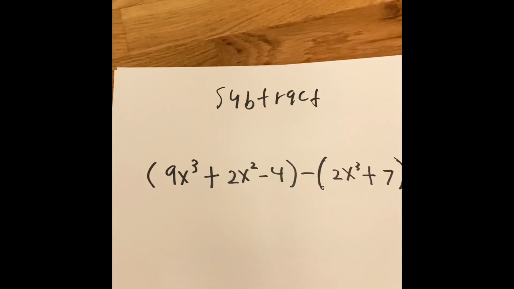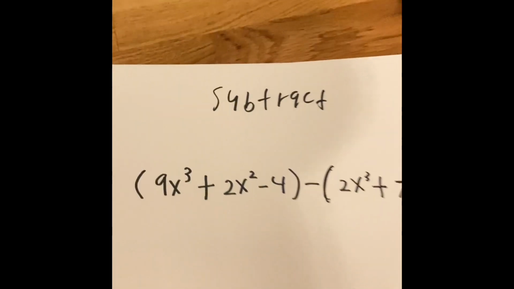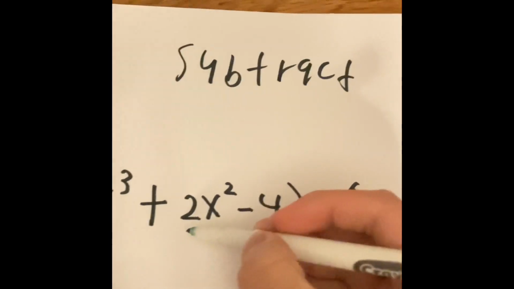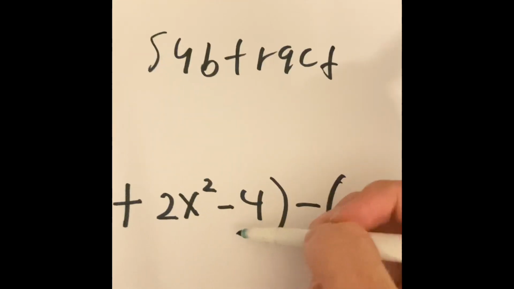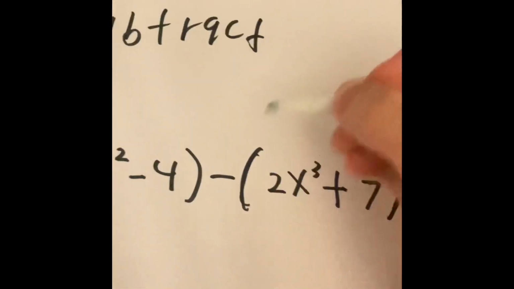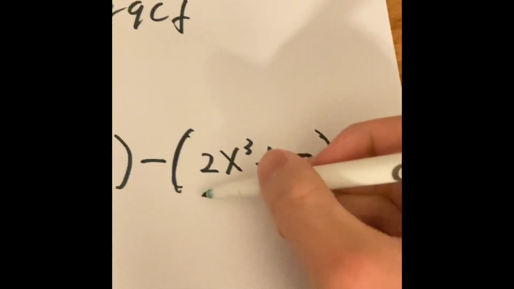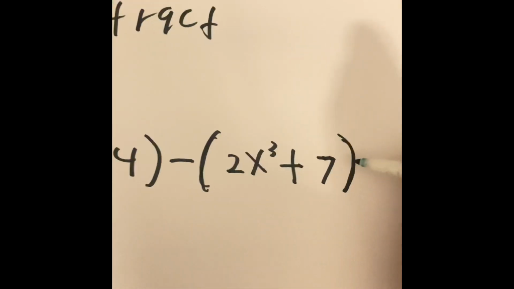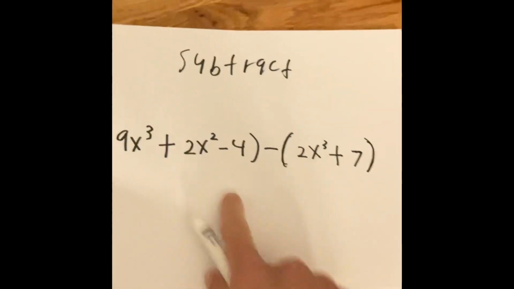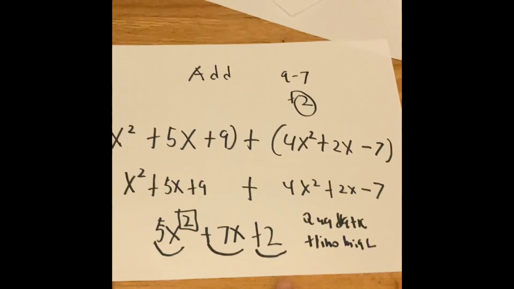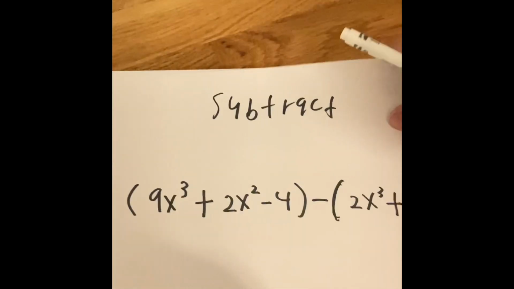So here's our subtraction problem: 9x cubed plus 2x squared, subtracted by 4, will be subtracted by 2x cubed plus 7. But since we're subtracting instead of adding, there's one more step we have to do.